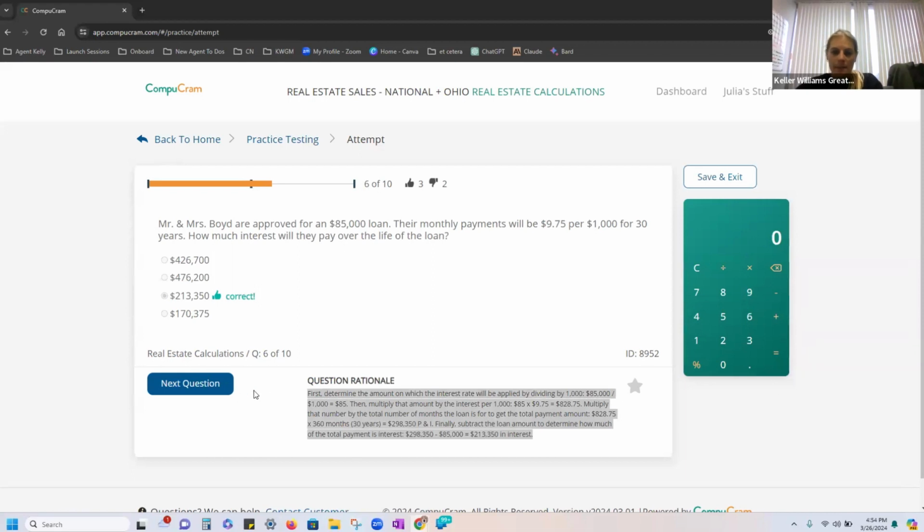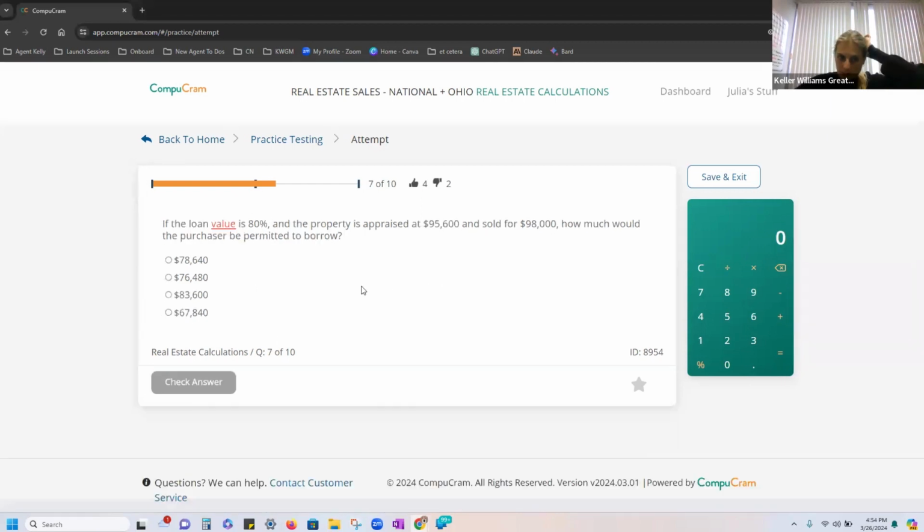All right. That was a tough one. Lots of steps to that. If the loan value is 80% and the property is appraised at $95,600 and sold for $98,000, how much would the purchaser be permitted to borrow? I'll read that again.